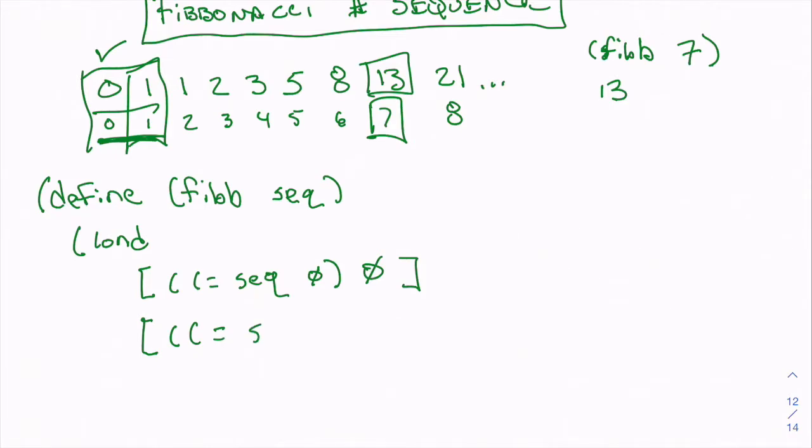If the sequence number is 1, we're going to return 1. That takes care of the second base case. All right, now the recursive case. If the sequence number is greater than 1, then we're going to return the following.